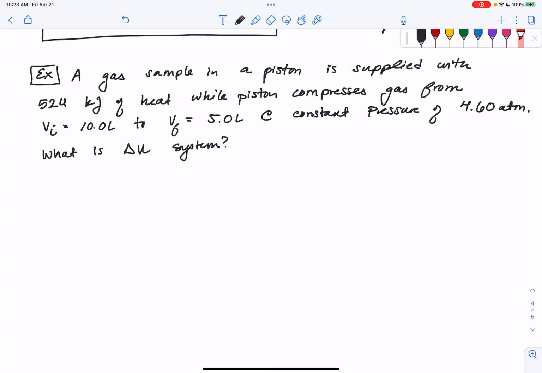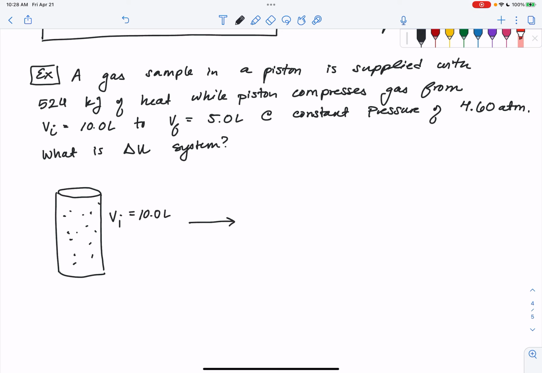So let's see if we can't figure out what's going on here. A little sketch always helps. So we've got a piston, which is again just a cylinder that can then be depressed. So we've got some gas inside this piston, and that gas occupies some initial volume of 10.0 liters.